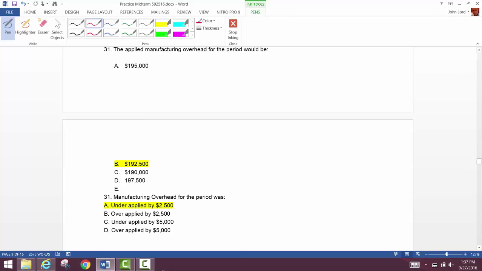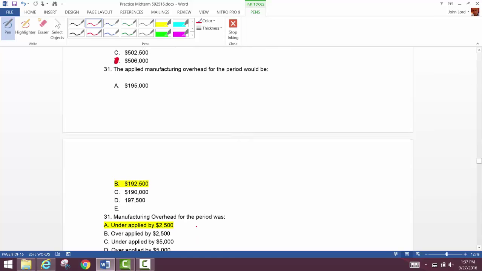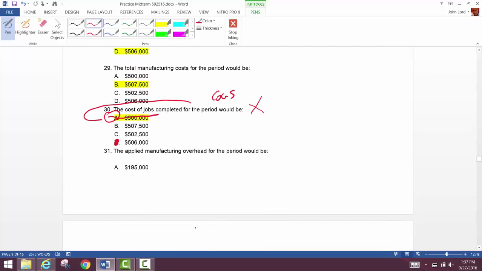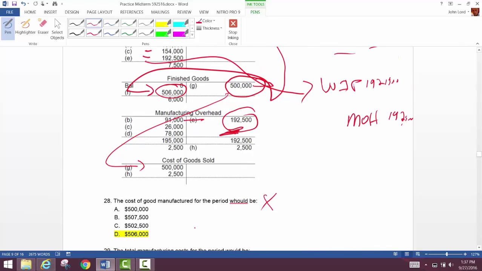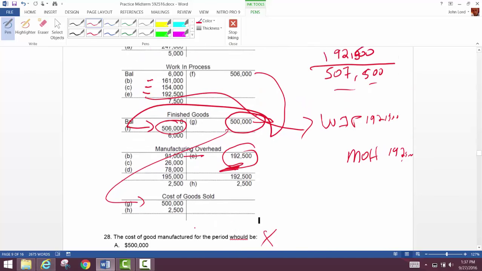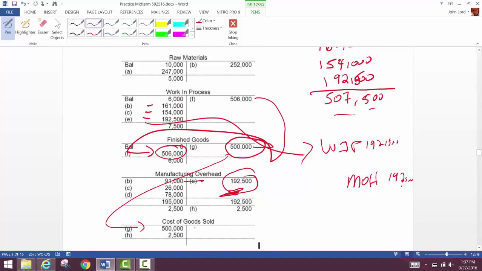Okay. How about whether manufacturing overhead was under or over applied? It says under applied 2,500. Let's check that. So what's happening here? I applied 192,500, and if you total these three numbers up, the actual is 195,000, isn't it? So I under applied it, didn't I? By 2,500?